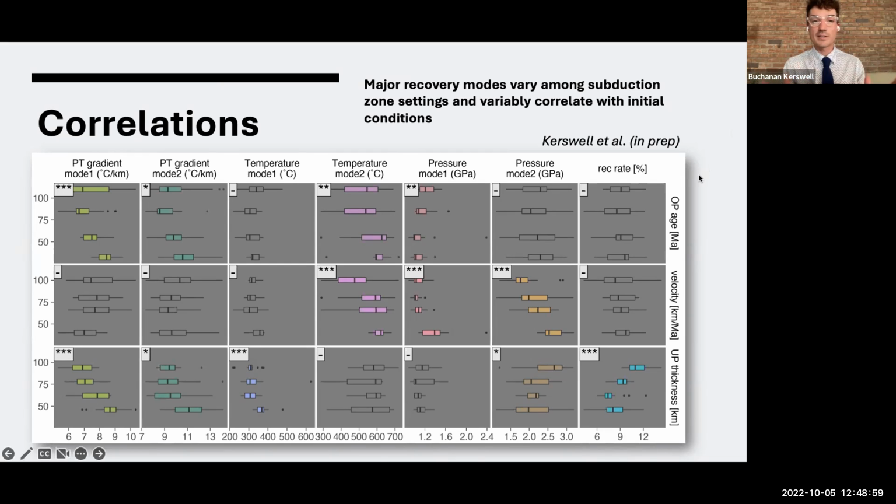Okay, so we have all of these different correlations and non-correlations, but really the story here is that the recovery of markers is dependent on these different initial conditions.